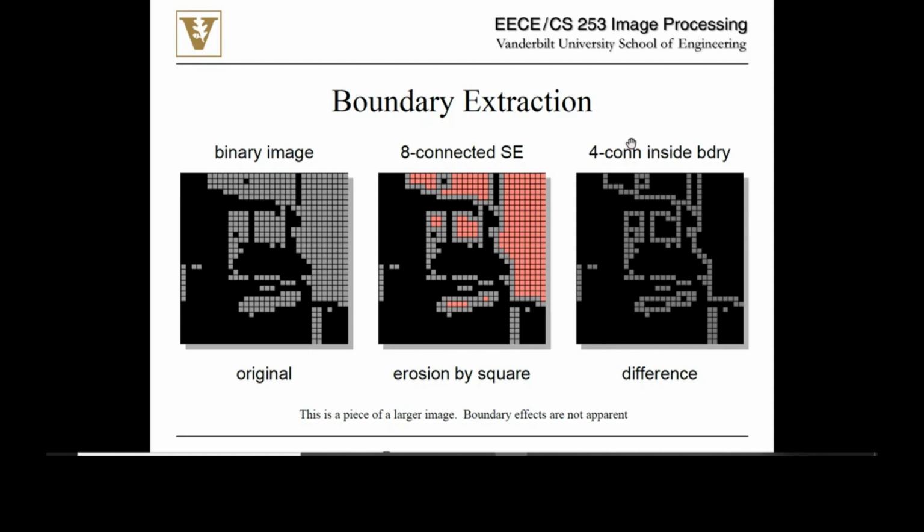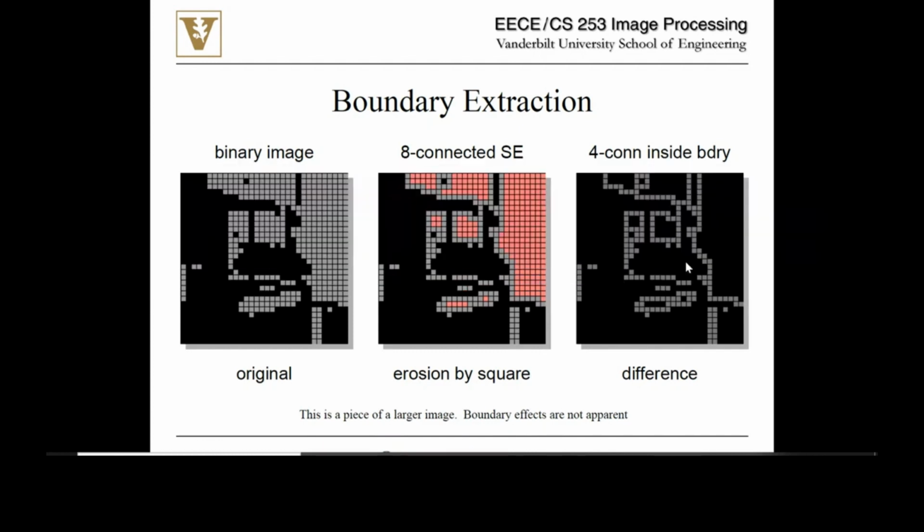And here comes an interesting label: 4 connected inside boundary. 4 connected means the boundary is formed by a shape where all the pixels have 4 connected neighbors.